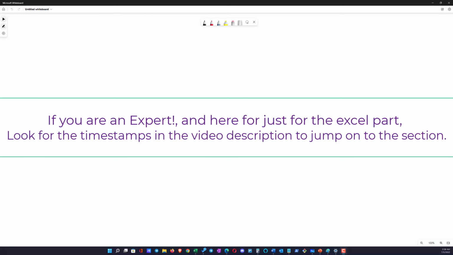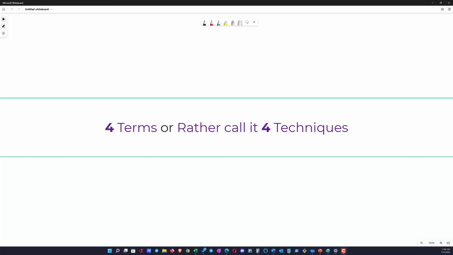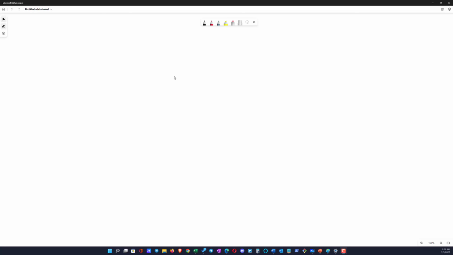In the capital budgeting world, there are four important terms that you need to know. These terms are called techniques basically. First term is NPV. It stands for net present value. The second term is IRR, which is internal rate of return.